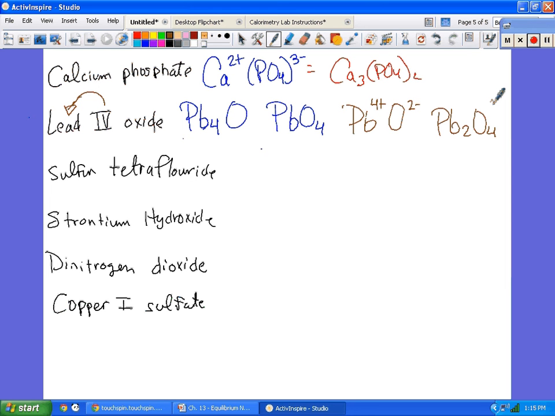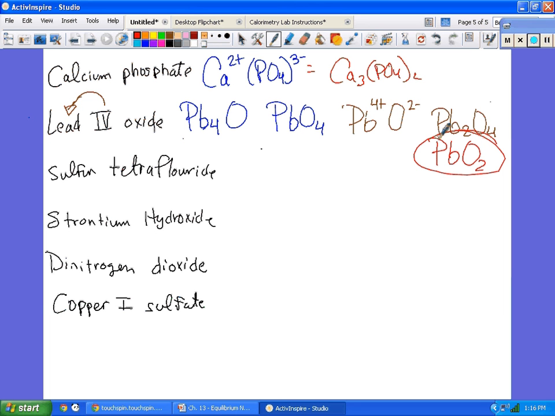So PbO2. This is correct. Okay, PbO2. But here's the thing, Kaylin, I get that, but that is wrong. If you wrote anything else but the red circle, it's wrong. Okay? So remember, reduce ionic compounds.